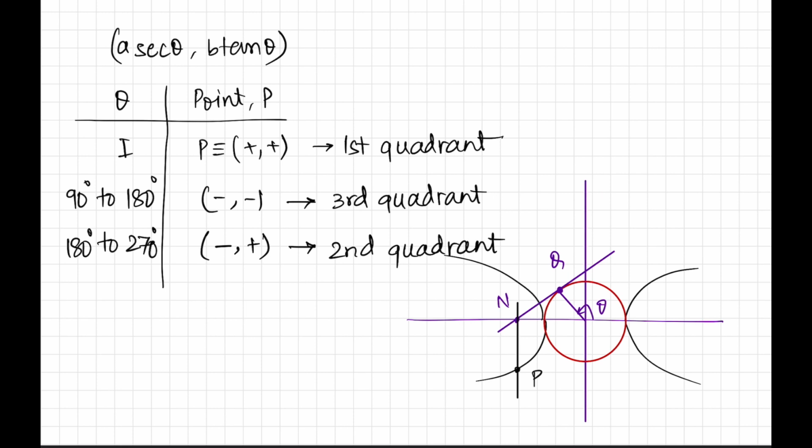And finally, if the angle is from 270 degrees to 360 degrees, the point will be of the format (plus, minus). This would indicate that the point lies in the fourth quadrant. So this is how we take the points according to the value of theta.